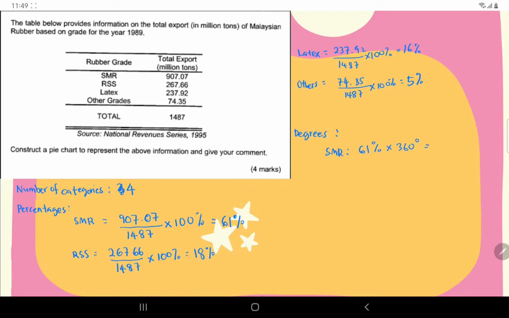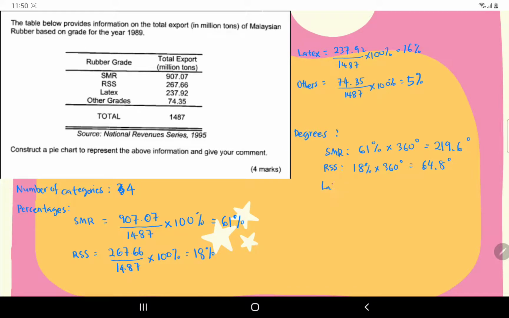In your calculator, you need to write 61 divided by 100 and then times 360. So it is equal to 219.6 degrees. For RSS, 18% times 360. Just use your calculator. So it is equal to 64.8 degrees.